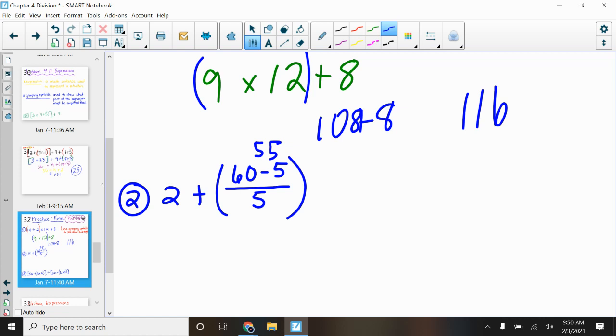What he has done here is he has taken the problem on the top of his fraction, which was 60 minus 5, and he got 55, right? So underneath, he just chose to write it up above, but what I would really like to see you do is to then write that new fraction underneath.